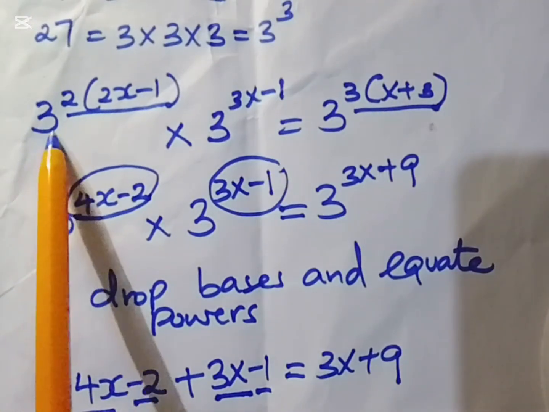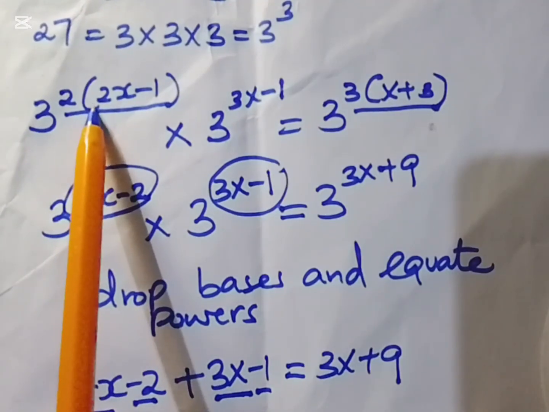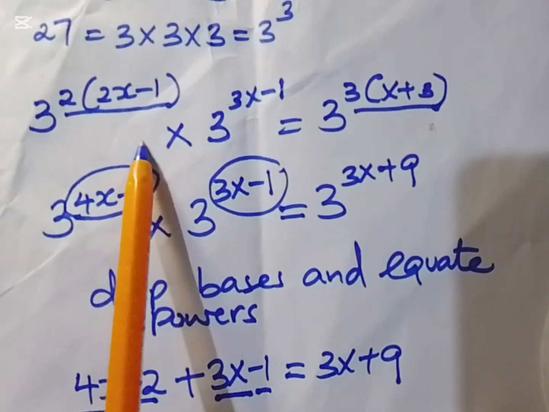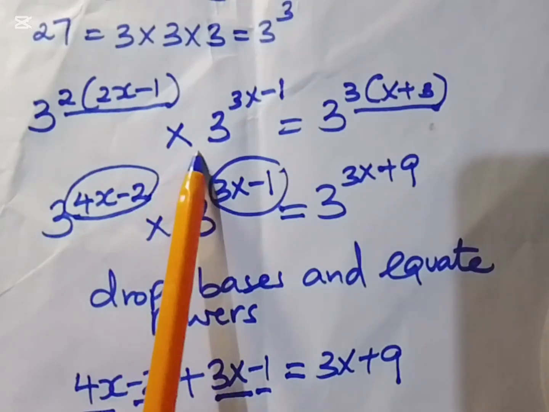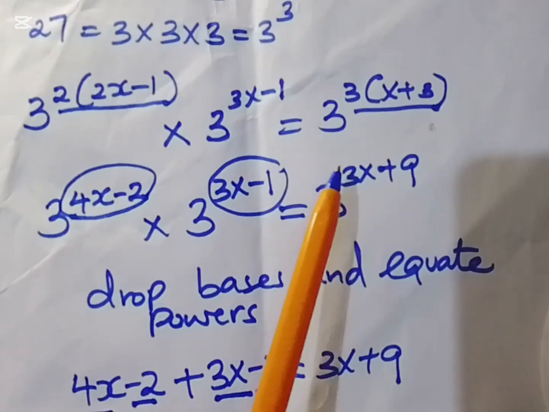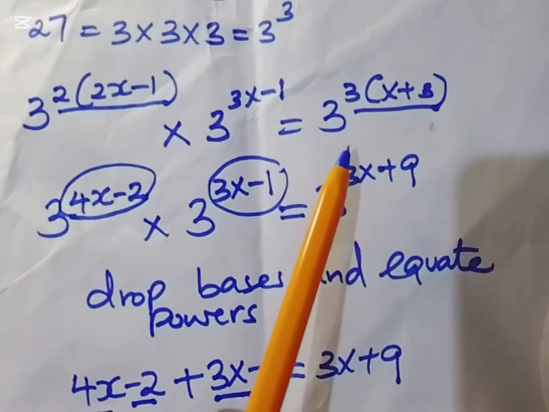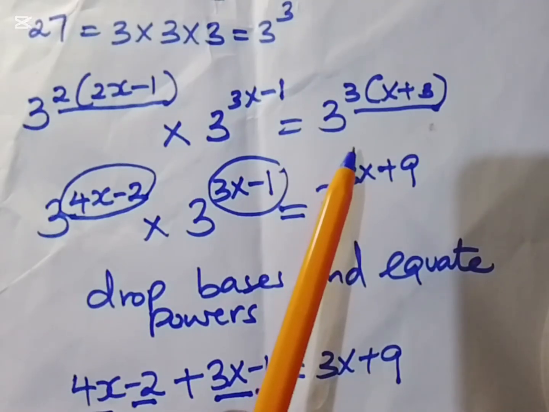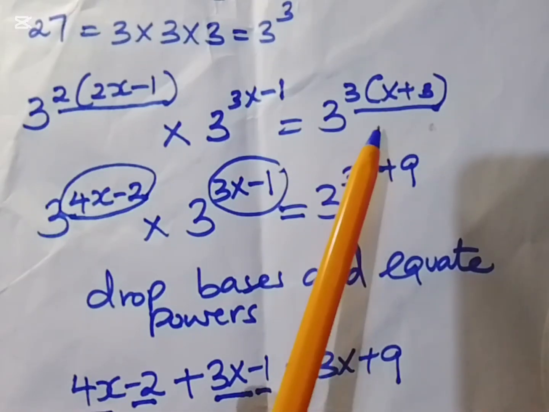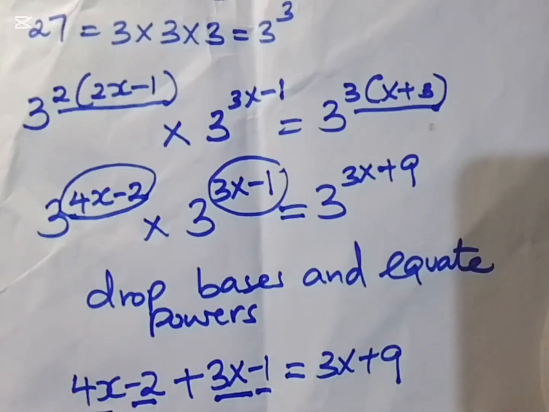So we will have 3 squared, and we open the bracket of 2x minus 1. Then you multiply by 3 to the power 3x minus 1. And where we had 27, we now replace it with 3 cubed, and we still take the power which was initially there, which is x plus 3, and you close the bracket.